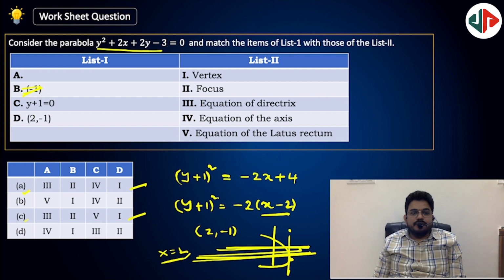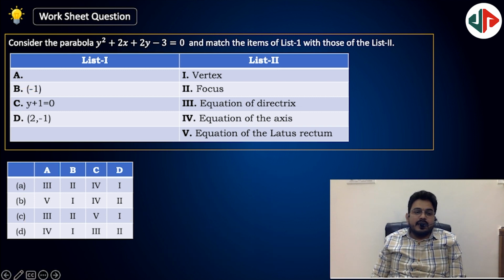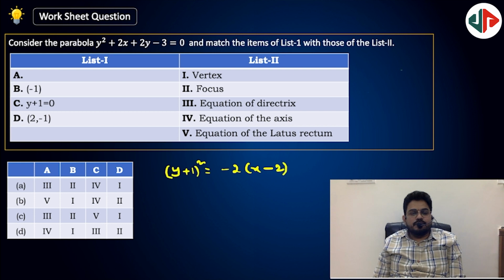Okay. So here something is missing, but I want to tell you these options are missing somewhere. So I'll explain clearly what this is. This equation is (y+1)² = -2(x-2). Okay. So here the vertex is (2, -1).